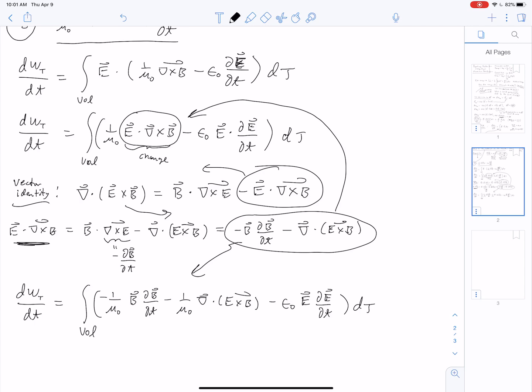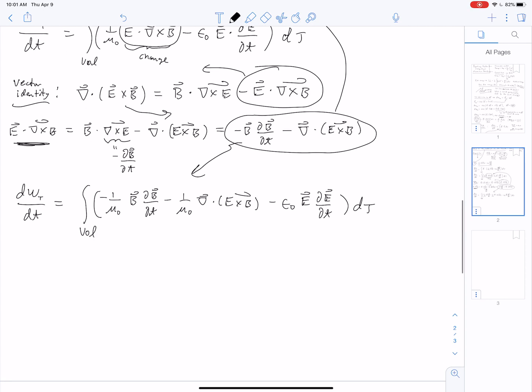Okay, so it's looking kind of complicated, but something very beautiful is about to happen, because what we notice is, look at these two terms. This term here and this term here. There's something very interesting about those terms, because check this out. This is a very cute math trick.